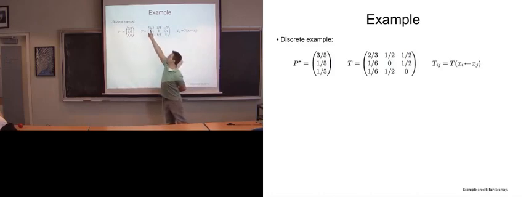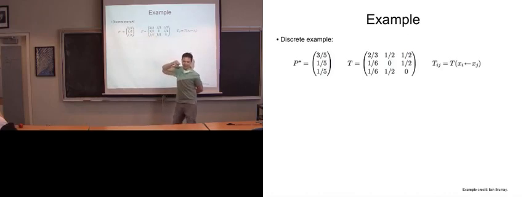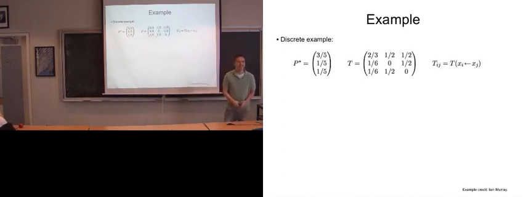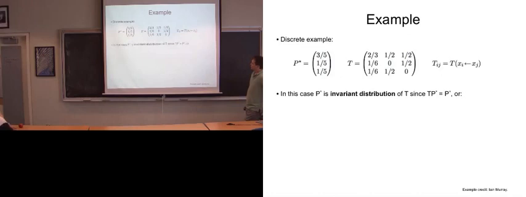That's the probability of being in state 1 and moving to state 1, being in state 1 and moving to state 2, being in state 1 and moving to state 3. Right? They all check out. They sum to 1. In this case, P star is an invariant distribution with respect to the transition matrix T, because you can show that T times P star equals P star. Okay?